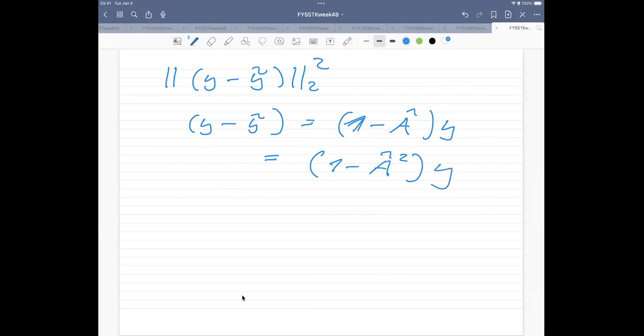Now, if we go back to the linear model which we had, this A squared is equal to V times W.